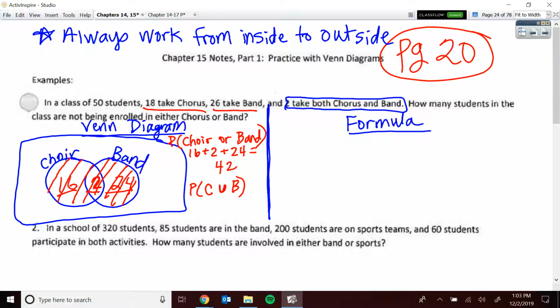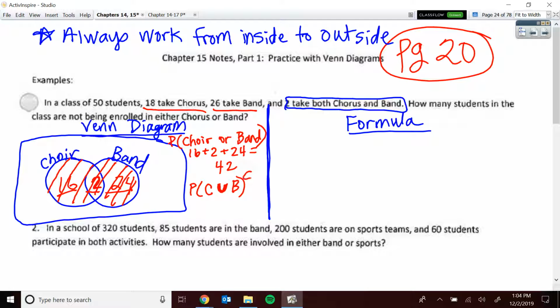Look at how I shortcutted this. I put C union B. That's choir or band. What's that called if I want the other part, the not of it? The what? Yay, good job. Complement.